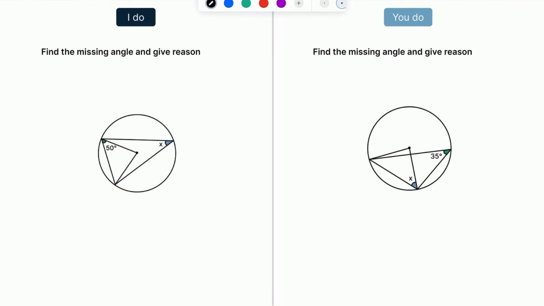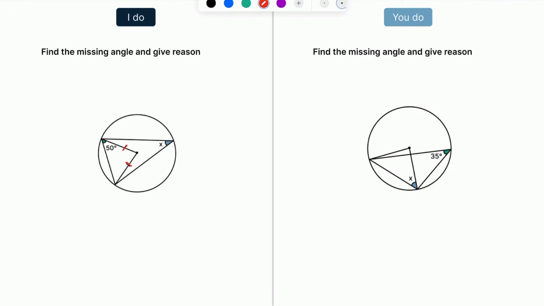So if you think through the theorems in your head, one of the theorems I know about is something to do with angle at the center. So you know that this angle here and this angle here are linked because they are created by the same chord. So I know that's 50. I know that this and this length are the same. I should use a different color because they're both radiuses. So the lines I've colored in red there are both radiuses.